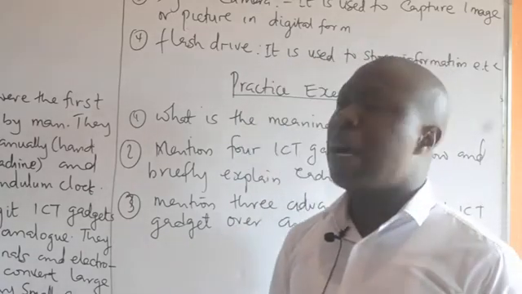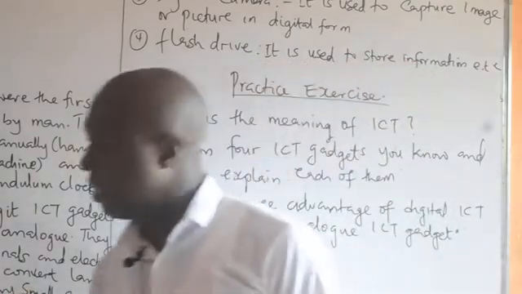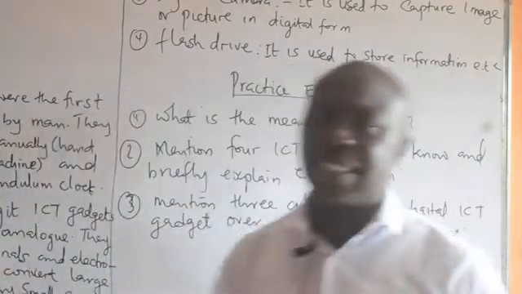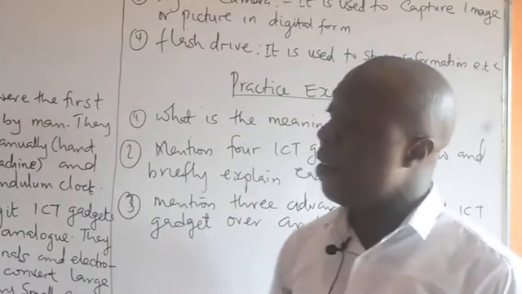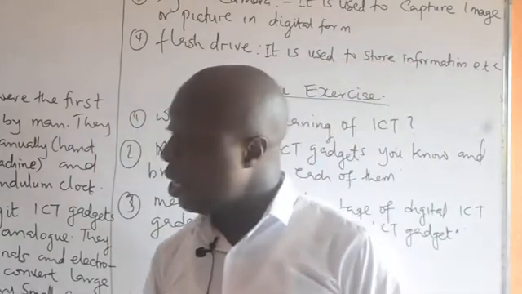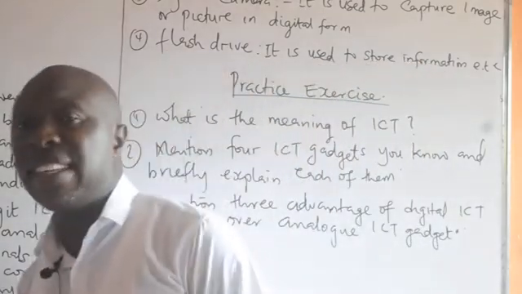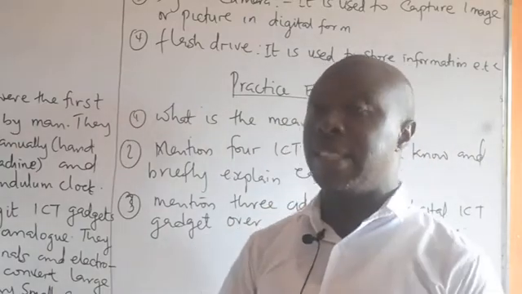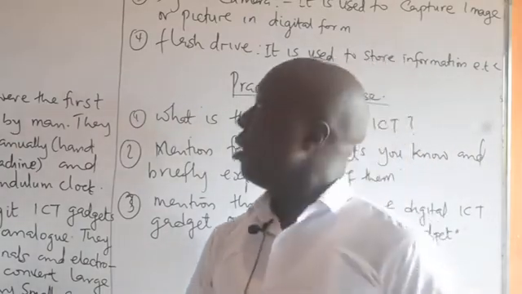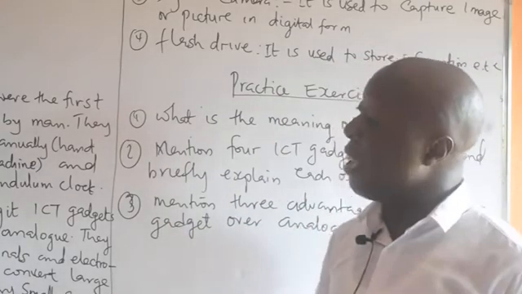You might also be asked to list examples of ICT gadgets. Some examples are the computer, camera, calculator, telephone, satellites, projectors, and so on. There are so many that you can name. Then you might be asked to list the two types of ICT gadgets.